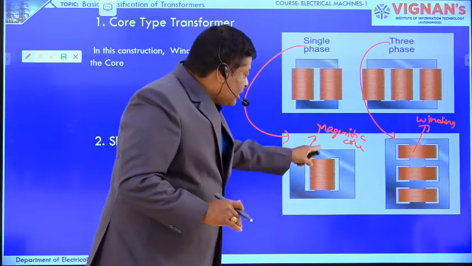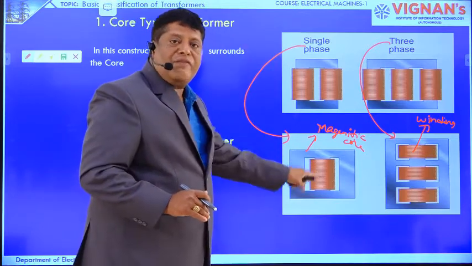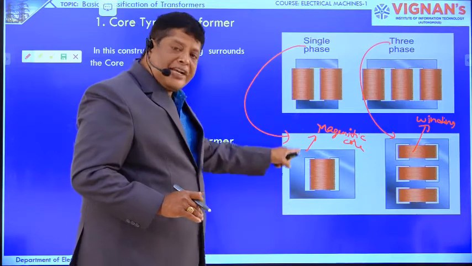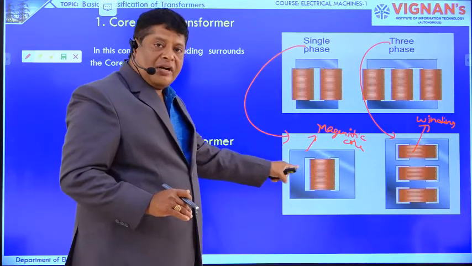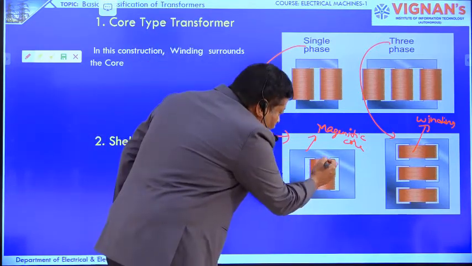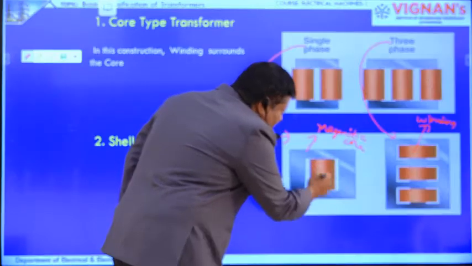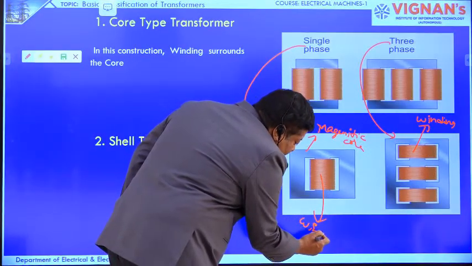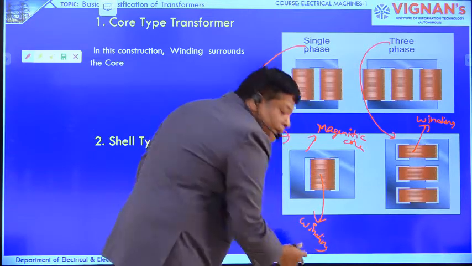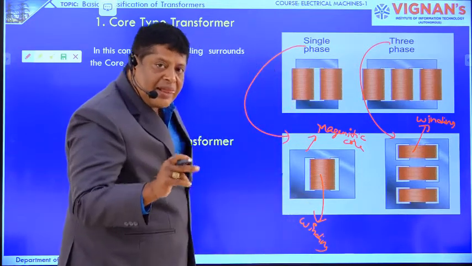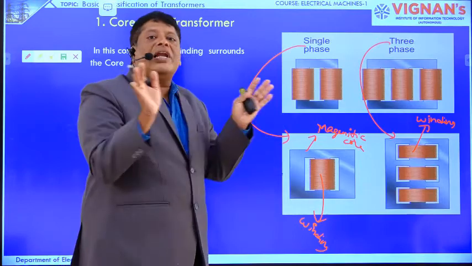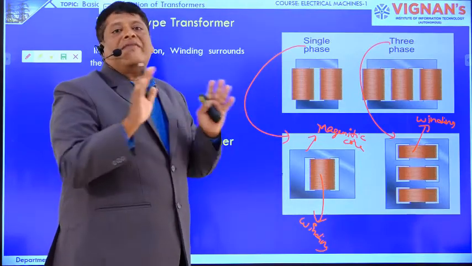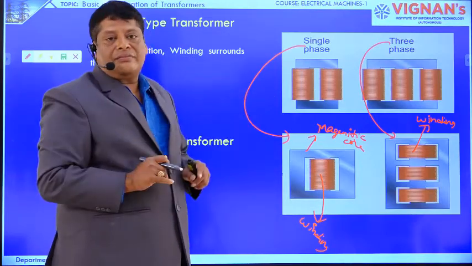See here, in the case of a single phase shell type transformer, this is the middle limb. On the middle limb, this is the winding. This winding consists of both the primary winding as well as the secondary winding. There is no electrical connection between the primary winding and the secondary winding.